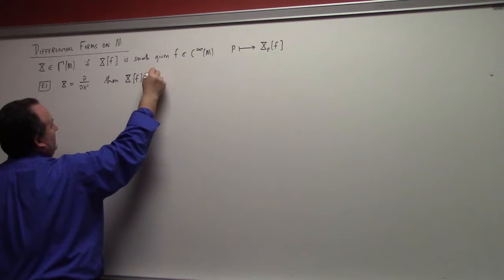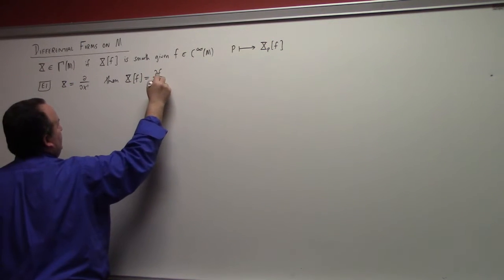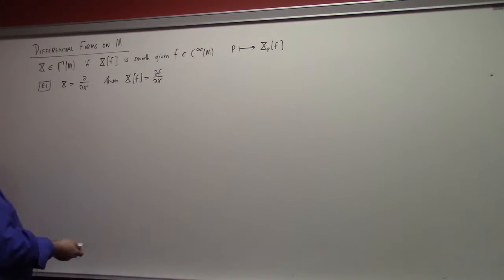Well, we get partial f partial x1, which is itself a smooth function. So certainly the coordinate derivations would be examples of smooth vector fields, at least maybe not on the whole manifold.